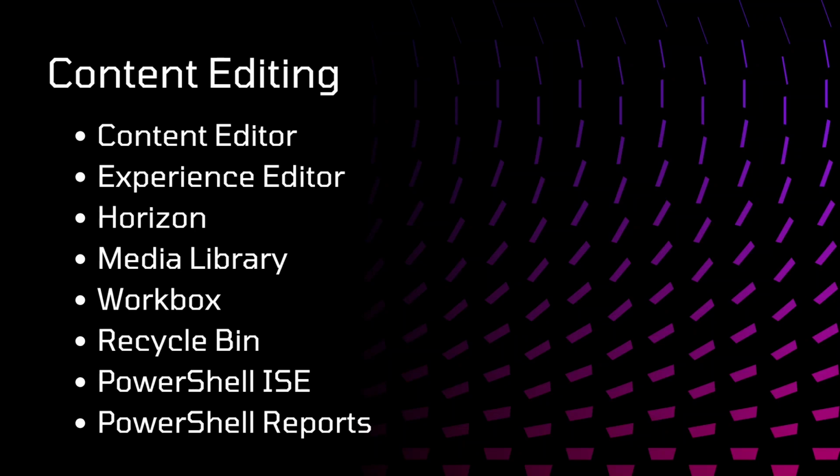You can also restore those deleted items. PowerShell ISE module is a PowerShell module that is present to increase productivity and decrease the time required to deliver Sitecore solutions. So basically you can write scripts and manage the content from here. PowerShell reports, so you can generally add your custom reports in this PowerShell reports.